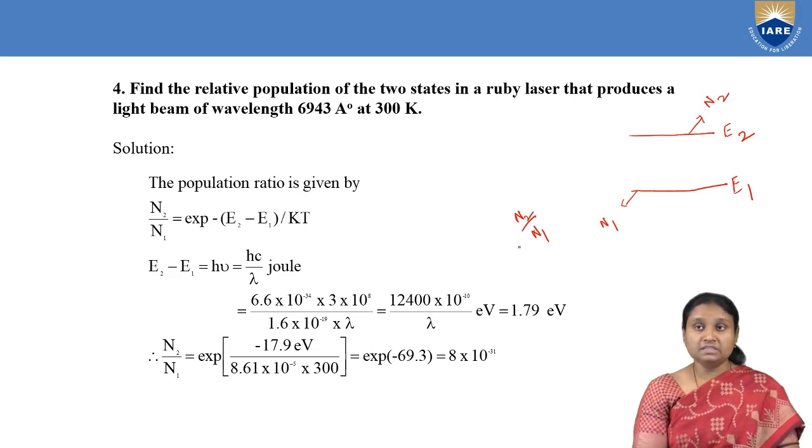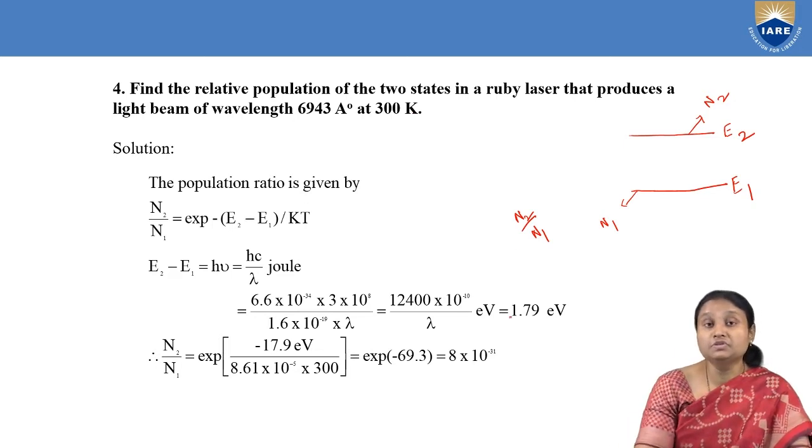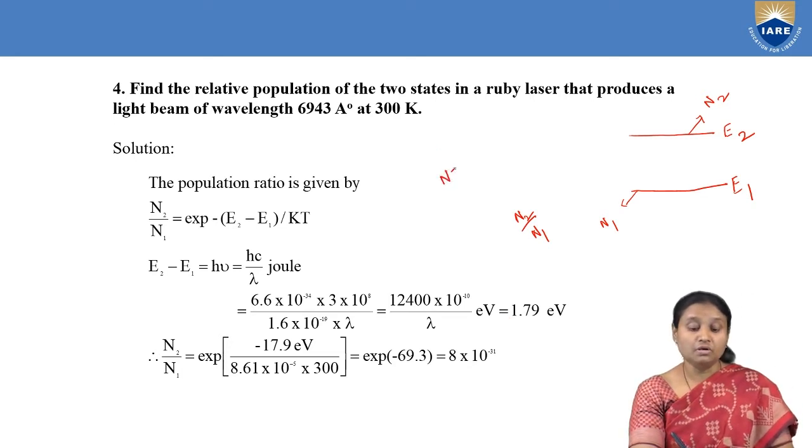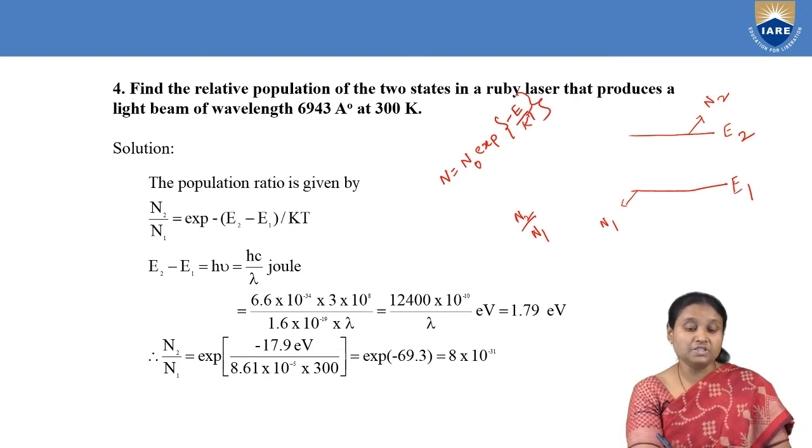Now how do we find this relative population? For this, we'll make use of the Boltzmann distribution law. According to the Boltzmann distribution law, the expression for population is N equals N naught exponential of minus E by kT. Here N is the population of energy state E, k is the Boltzmann constant, and T is temperature.